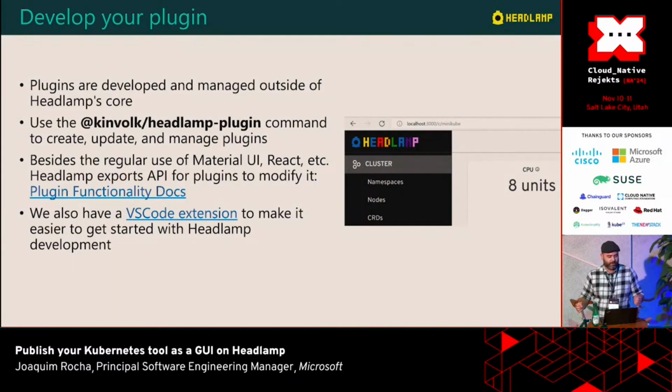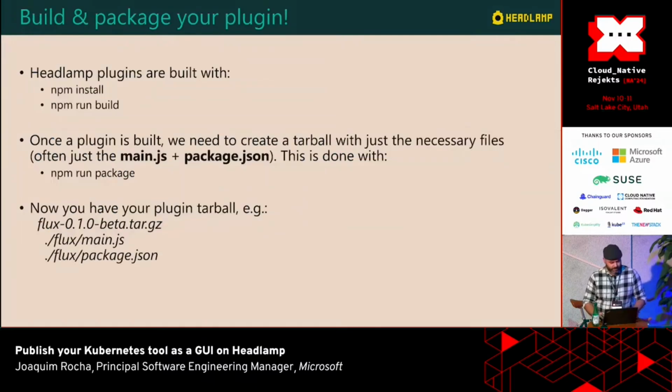You install that tool, then call headlamp-plugin create. It bootstraps a plugin for you, and you can go from there. You have the docs in there; I won't go into detail. We also have a little VS Code extension that simplifies a couple of things, like getting Headlamp. Our intention is to make it more powerful in the future.